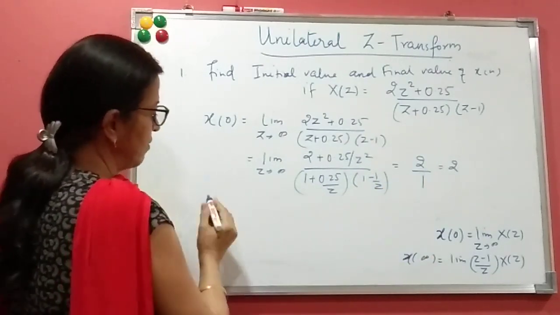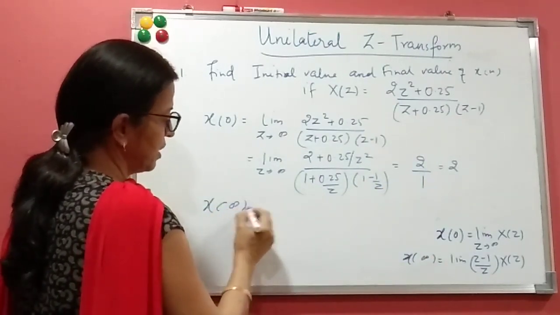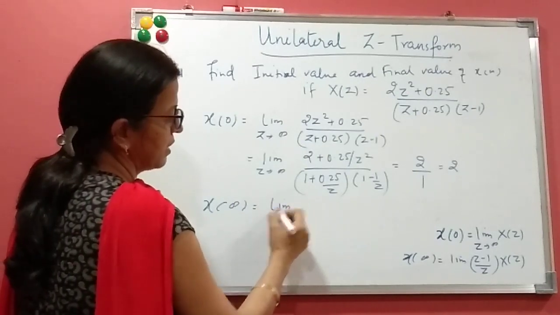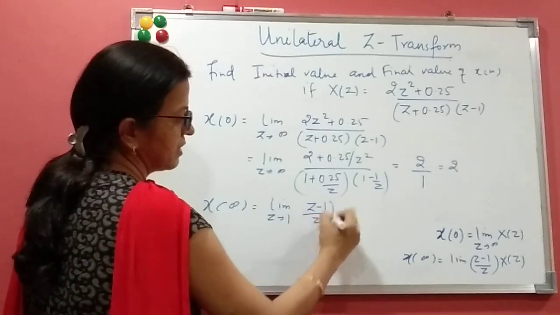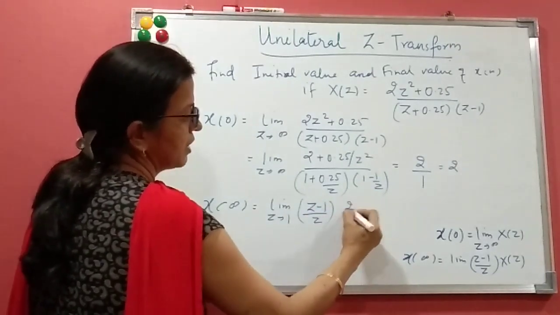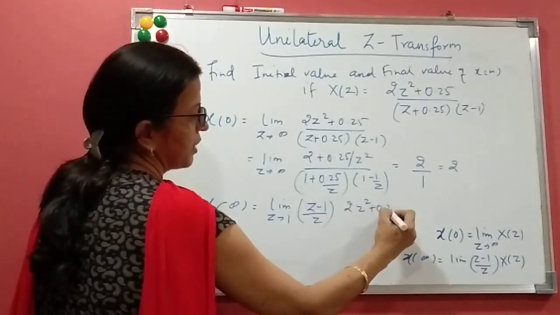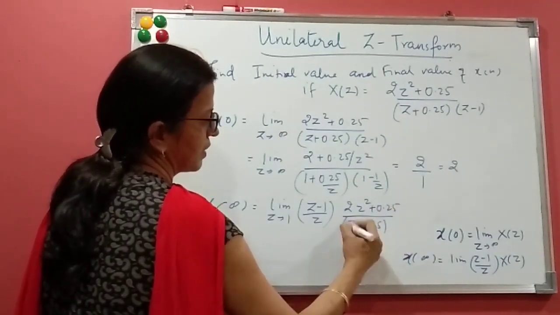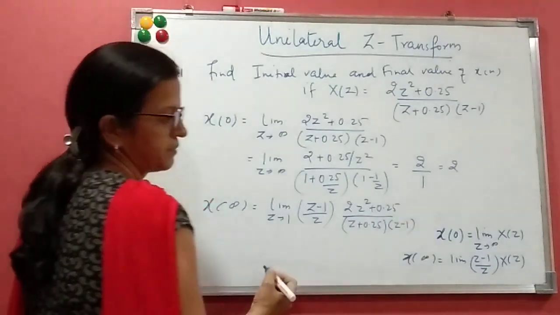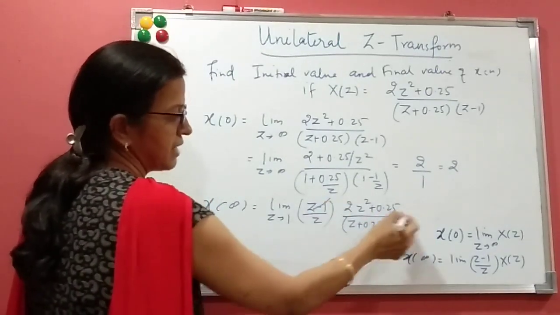Now the final value theorem: x of infinity equals limit z tends to 1 of (z minus 1) upon z into x of z. What is x of z? (2z square plus 0.25) upon (z plus 0.25)(z minus 1). This factor gets cancelled here.